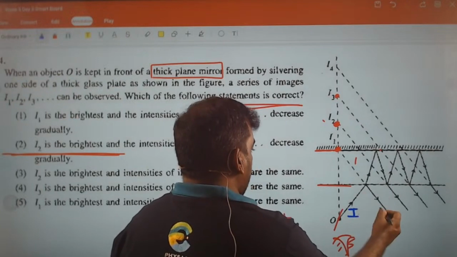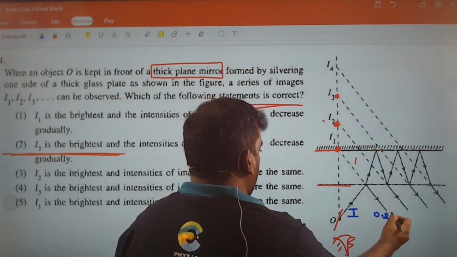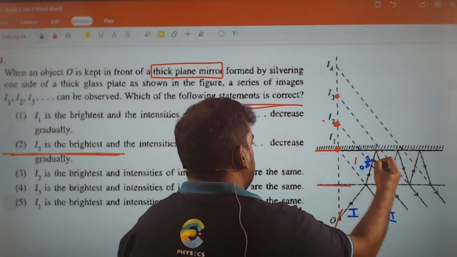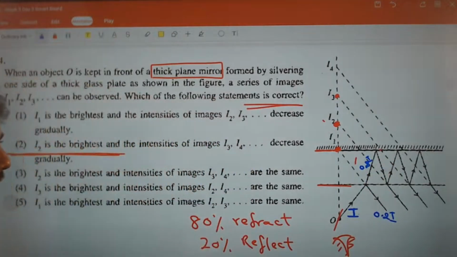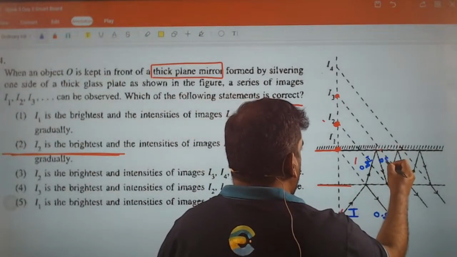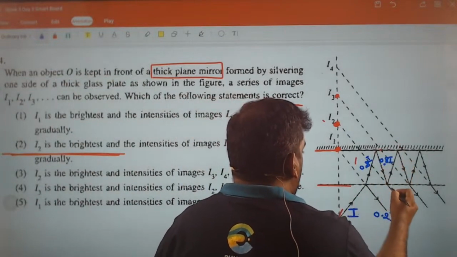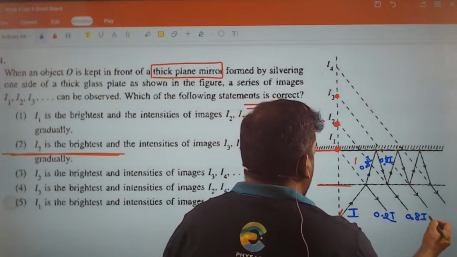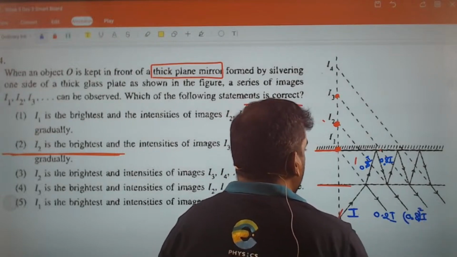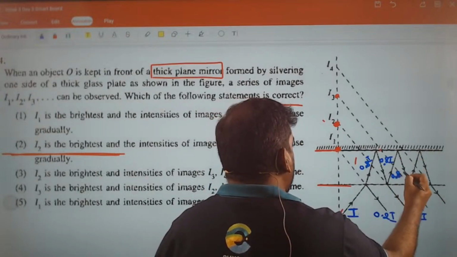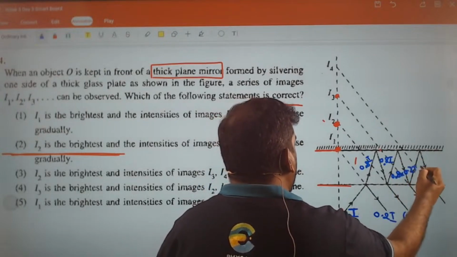I is here, 20% reflecting, 0.2; 0.8 is going inside, 80%. It hits here, comes out. Out of that 80% refracts, means 0.8 I times 0.8, 0.8 square. Out of this, 0.8 times 0.2 I will reflect.